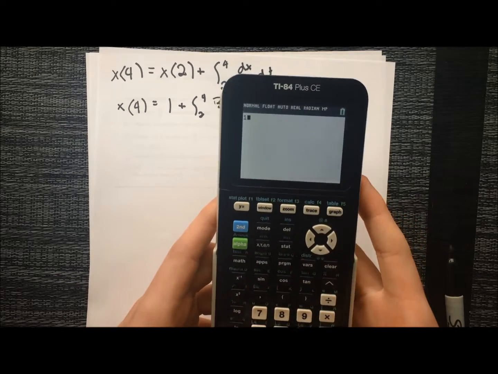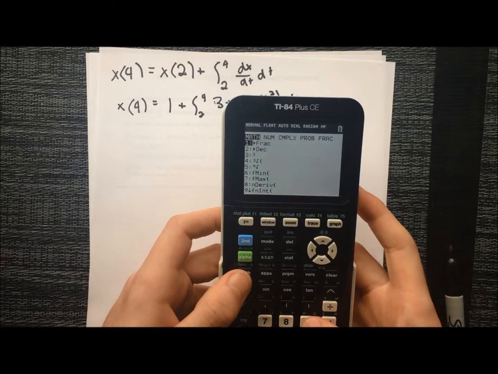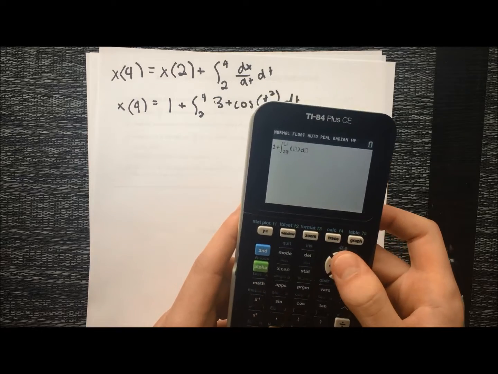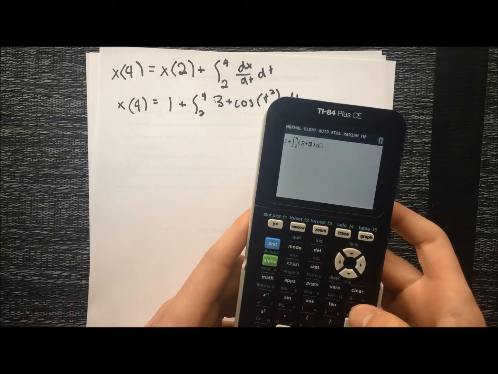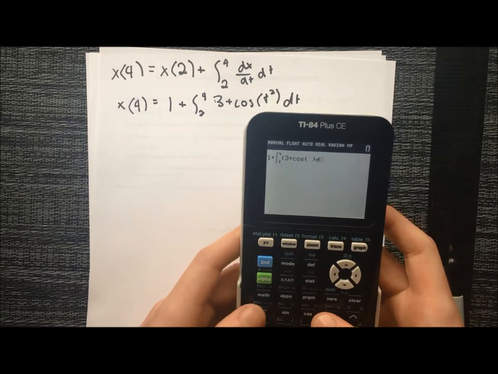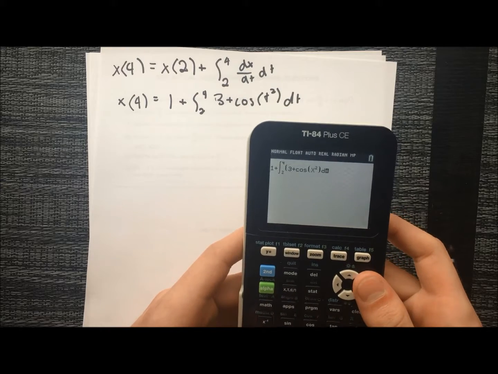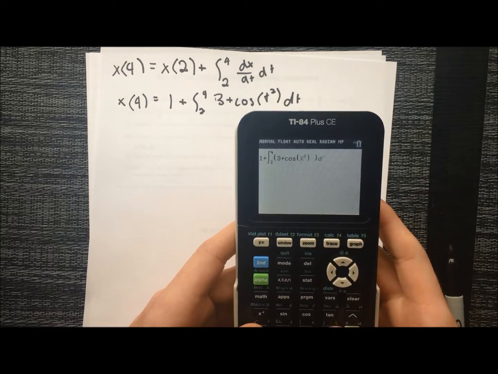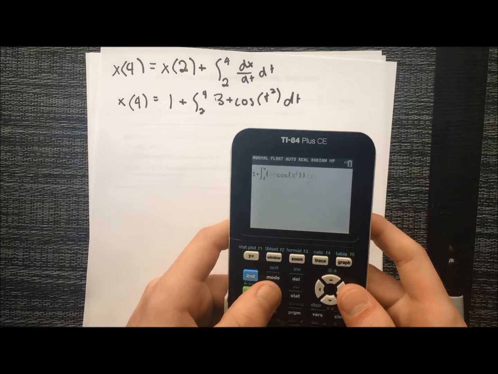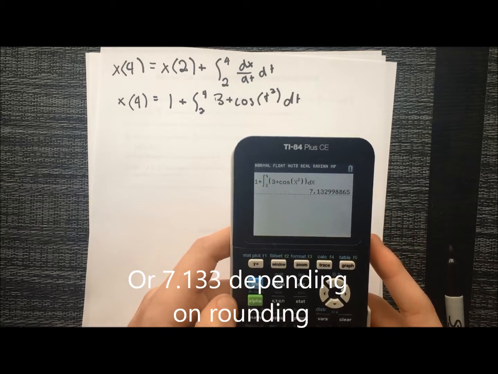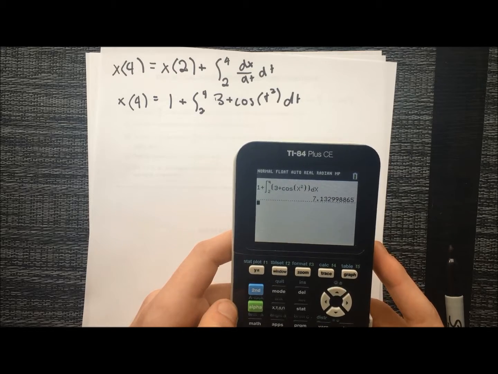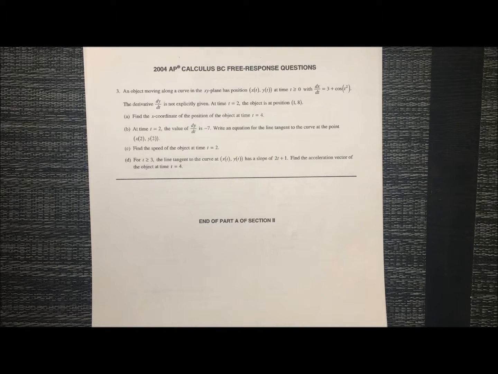So we can add 1 to our integral from 2 to 4 of 3 plus cosine x squared. I'm replacing the t with x's, by the way. Doesn't change anything. And this is our integral, and it should get us an answer of 7.132.